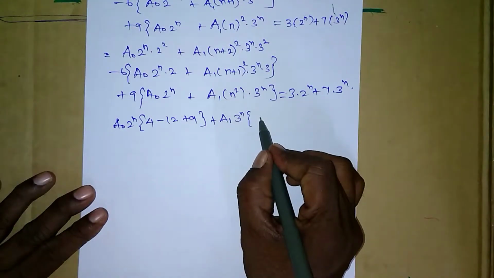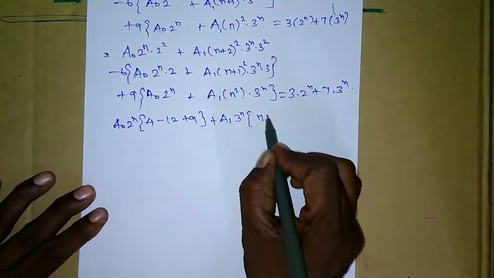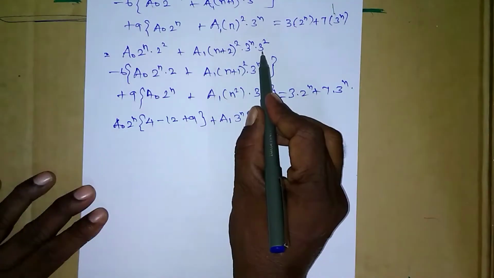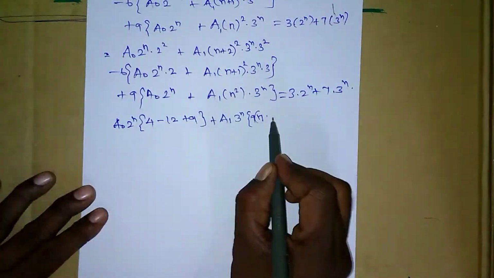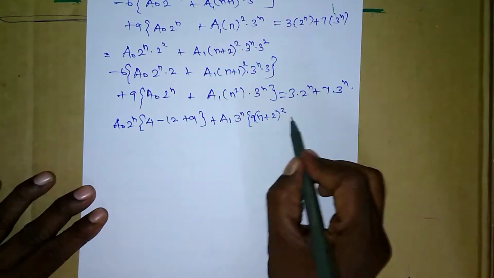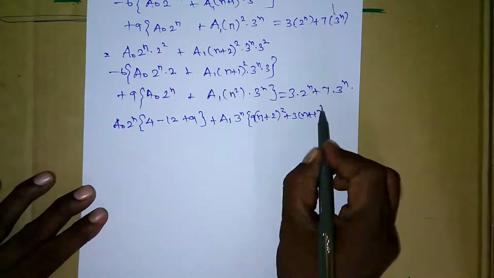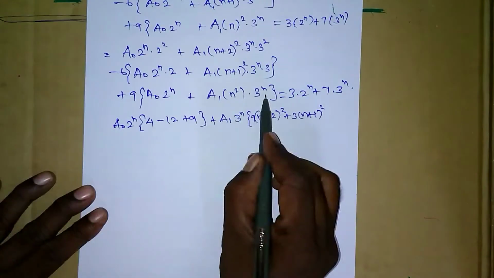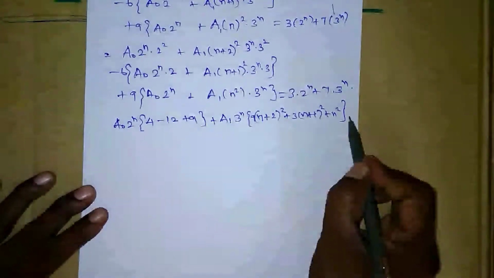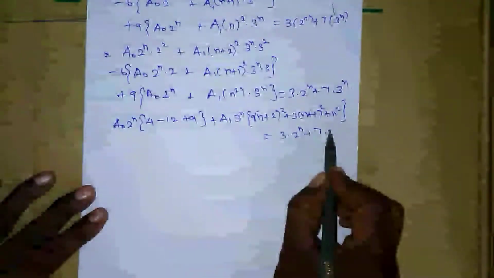The remaining is 3 square, 9 into n plus 2 whole square, plus 3 into n plus 1 whole square, plus n square, which is equal to 3 into 2 power n plus 7 into 3 power n.